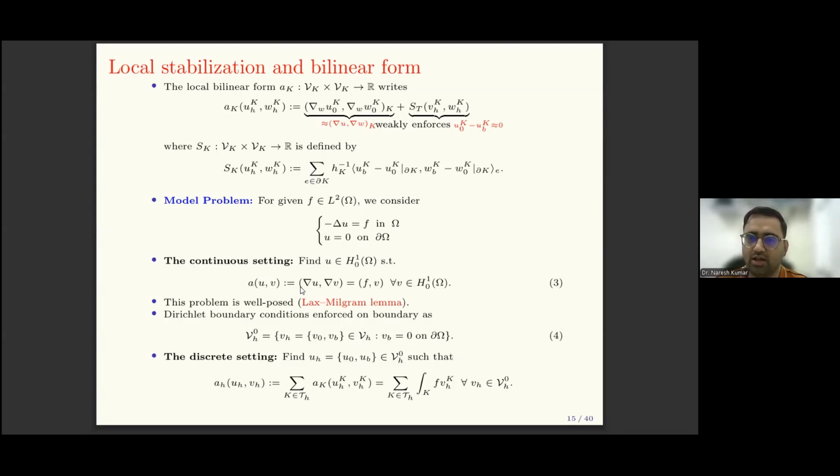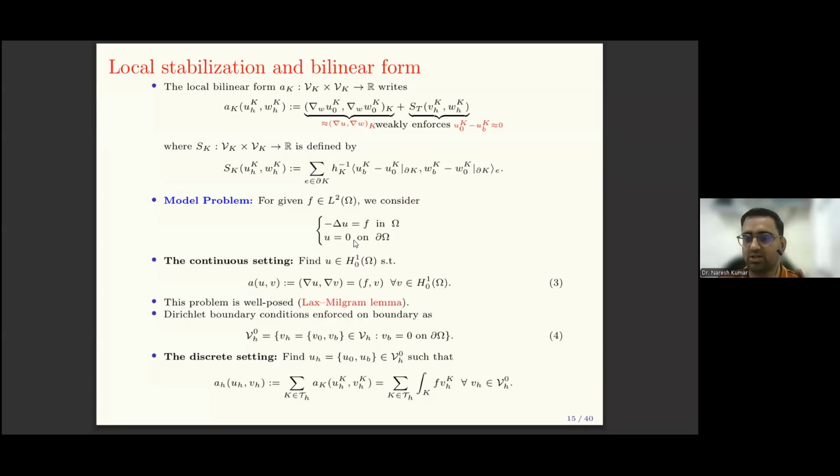Now here you can see we are taking U equal to 0 on the boundary, so it is a Dirichlet boundary condition. If you apply the Dirichlet boundary condition on the WG space VH, we take the notation VH0. VH0 means we are taking the functions in VH, but notice that V naught is responsible for the interior part and VB is responsible for the boundary part.